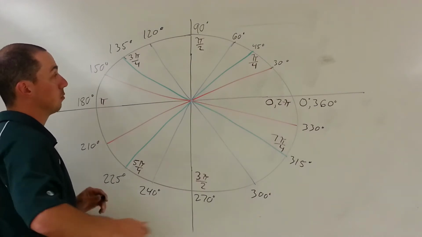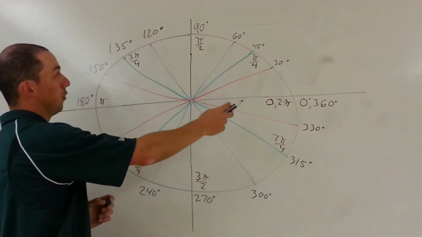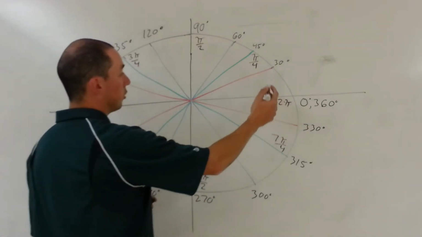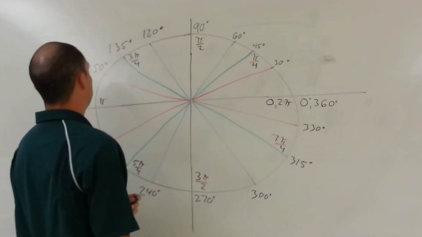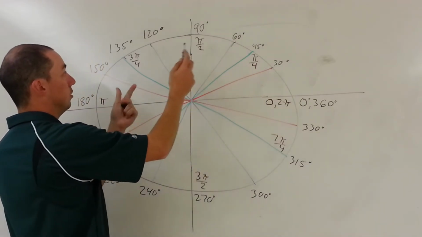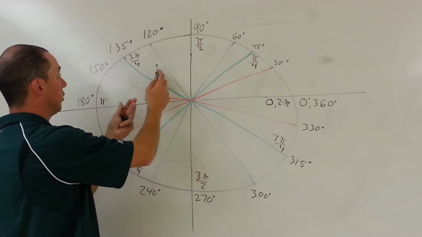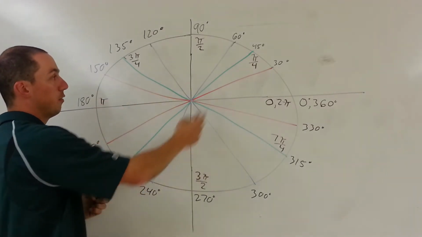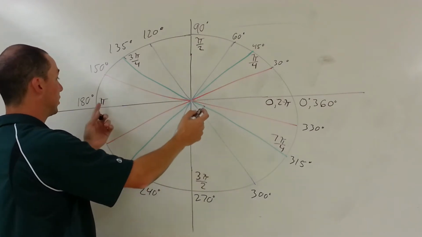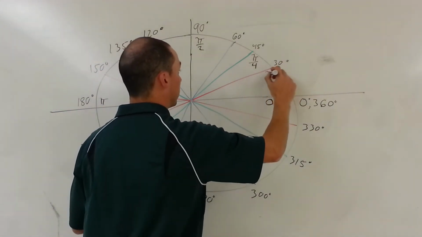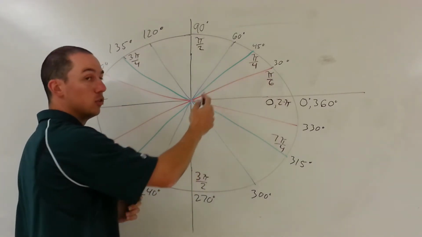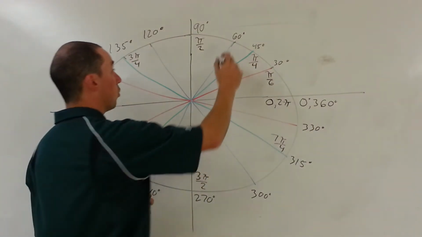Okay, next we're going to do 30 and 60 degrees at the same time as we go around. So, 30 degrees, well, to get to pi, let's see, 30, 60, 90, 120, 150, 180. 30 degrees is 1/6 of 180 degrees. So 1/6 of pi is pi over 6. 60 degrees then will be 2 pi over 6, or pi over 3.